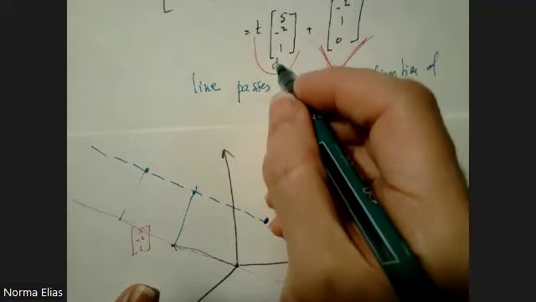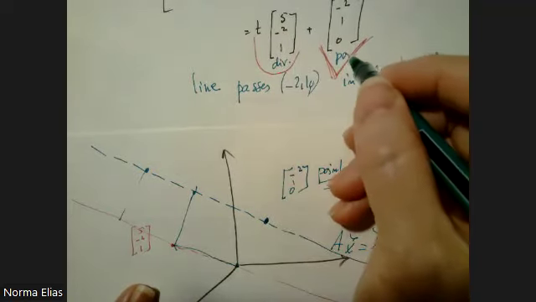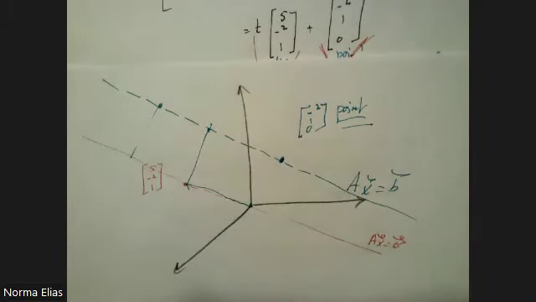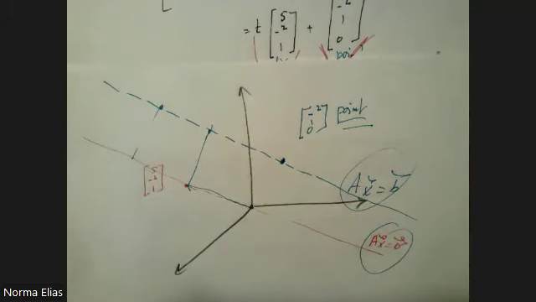So that's going to be the direction, and that's going to be the point. And geometrically, the solution of Ax equal to 0 and the solution of Ax equal to b are parallel to each other. That's the homogeneous and that's the non-homogeneous system. So that's the relationship between the two solutions.